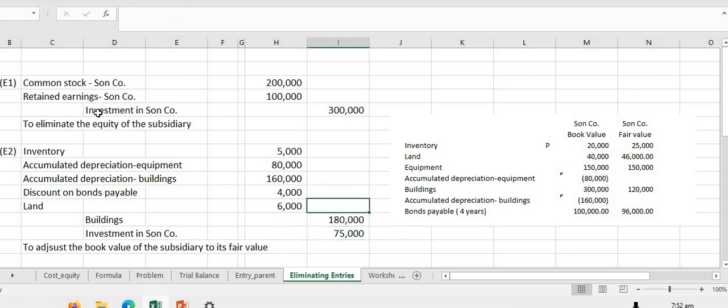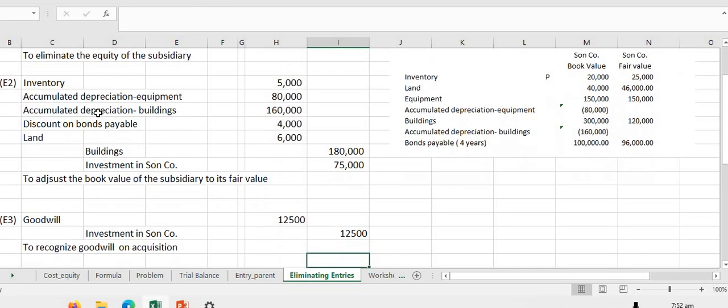You just have to check if your debit and credit are equal: 255,000 total debit and 255,000 total credit. So it's a credit to investment in Sun Company at 75,000. Next is to recognize the goodwill at 12,500.